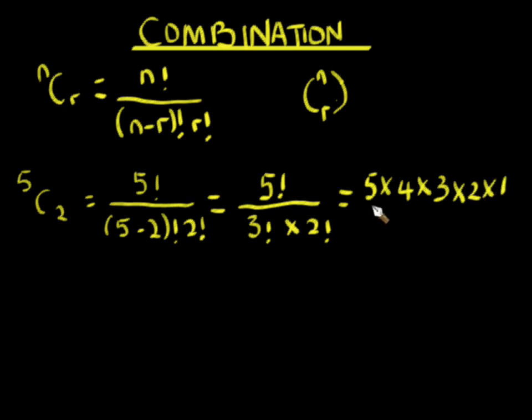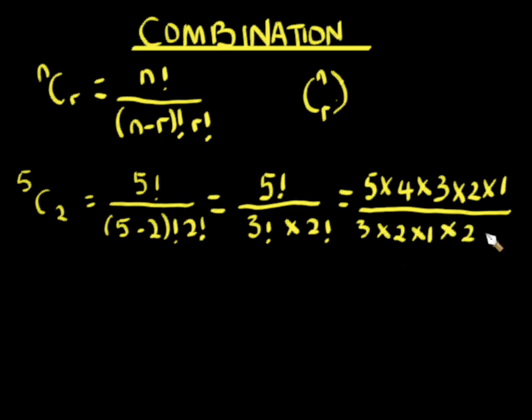Now divided by 3 factorial, we start from 3 and we decrement down to 1, so that will be 3 times 2 times 1. Now we are also multiplying by 2 factorial. In opening up 2 factorial gives us 2 times 1. So let's cancel out as per division and let's see how it goes.